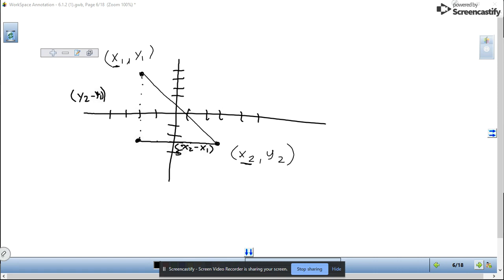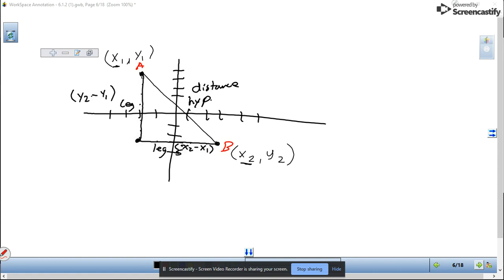The part I want to get across to y'all is that this vertical height, which is the leg, and the horizontal length, which is the leg, would help us do our right triangle to find the hypotenuse, which is also the distance from point 1, from A to B. We can use that vertical change and that horizontal change.